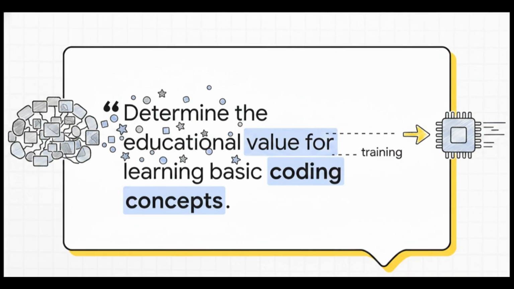They literally give GPT-4 a prompt, like asking it to determine the educational value for a coding student. GPT-4 generates or scores a small batch of pristine target data. Then, the researchers use that small batch to train their ultra-fast, lightweight classifier, like FastText. They're using the heavy, smart model to teach the fast, simple model what to look for. It's a real game changer.